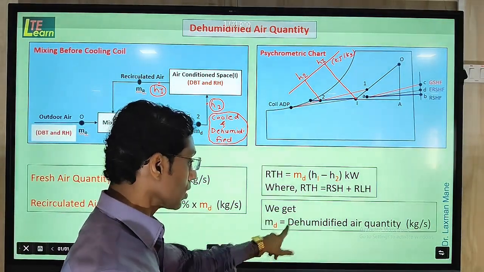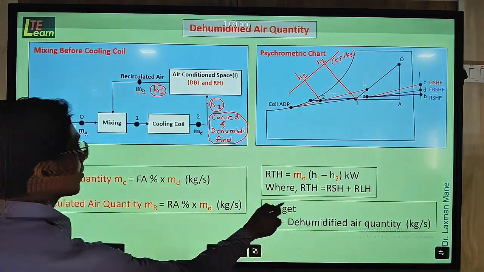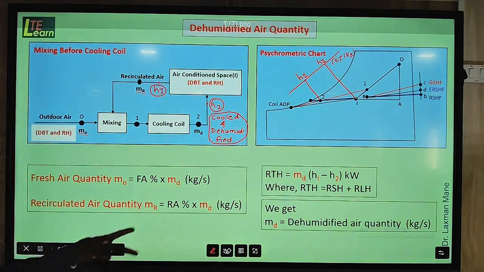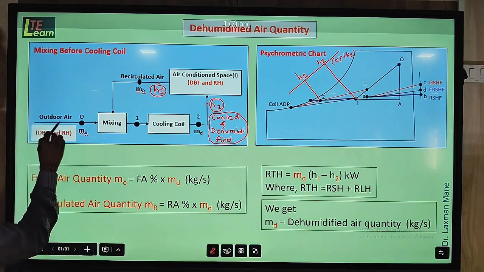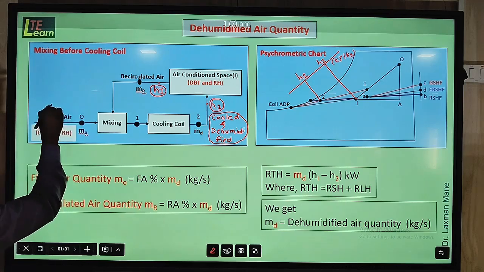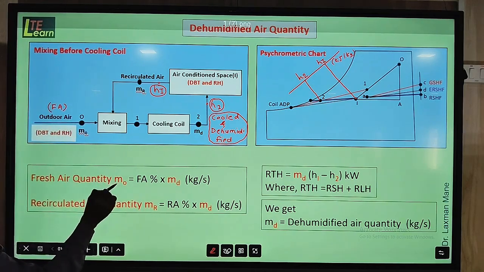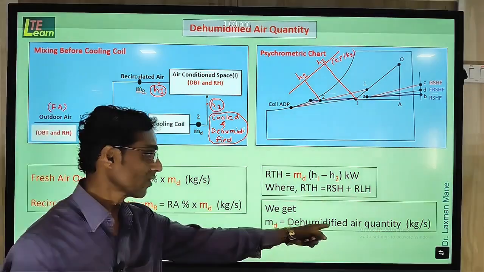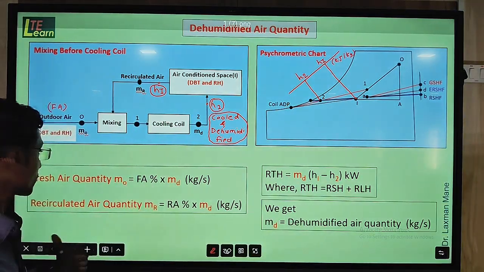Once we get the total air quantity passing over the cooling coil, we can find the division of this total air into two, which we have already discussed. First is the fresh air quantity, that is passing from the outside air. This quantity from the outside has the notation m dot o. To calculate it, we multiply the dehumidified air quantity with the fresh air percentage given in the numerical.